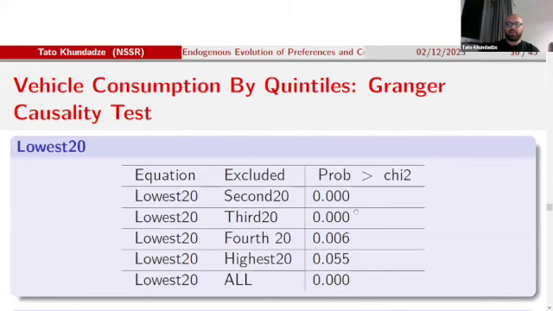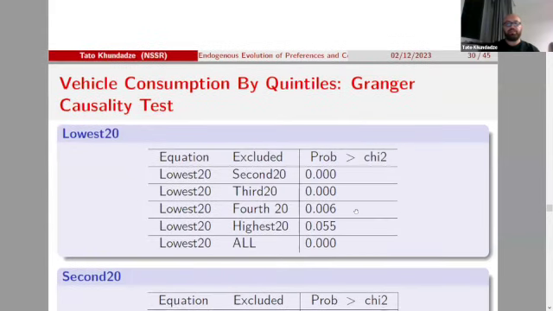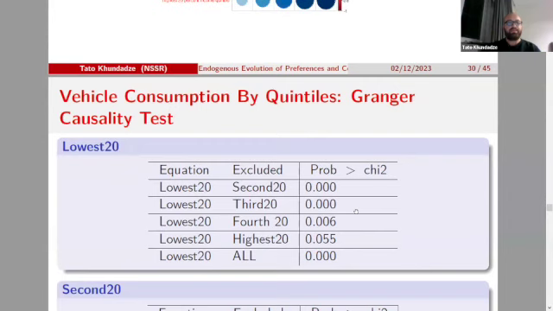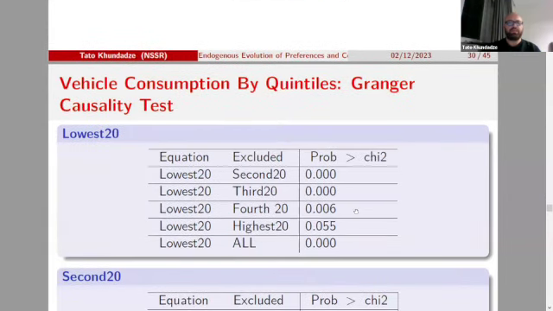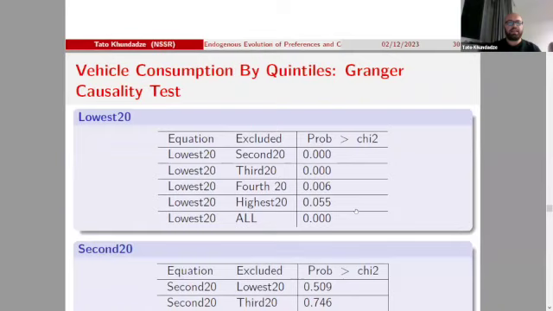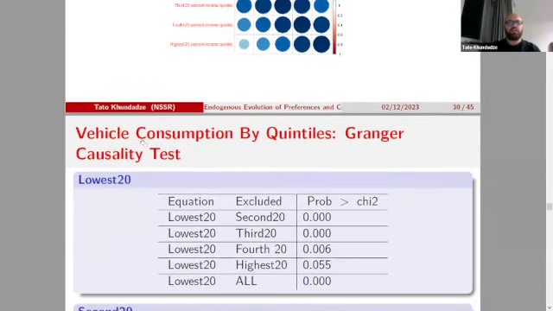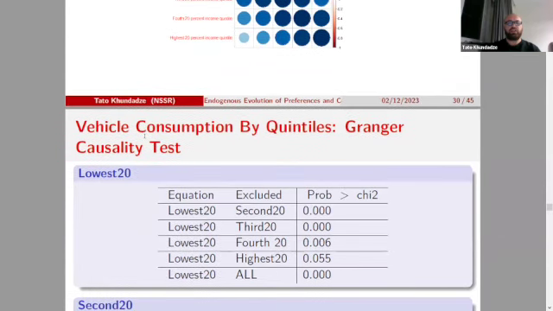Then what I actually did was causality analysis. One way of causality analysis which I did was Granger causality. Another is the transfer entropy method. But I have only the Granger causality here because I wasn't able to put the other on the slides because of lack of time, but I got similar results. So what I did here, I estimated Granger causality for vehicle consumption, which I considered, as I mentioned, a luxury.